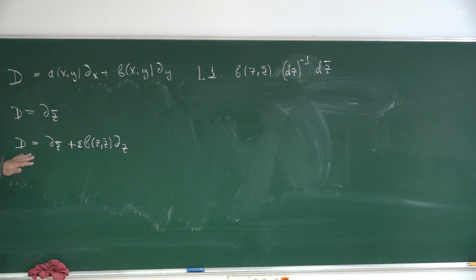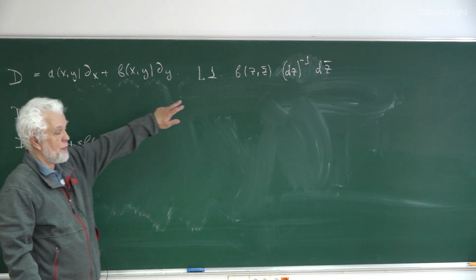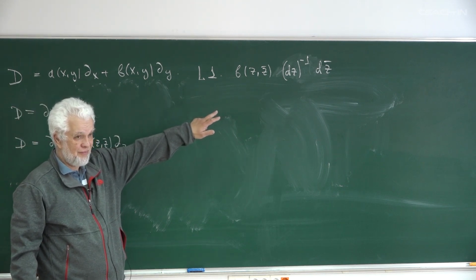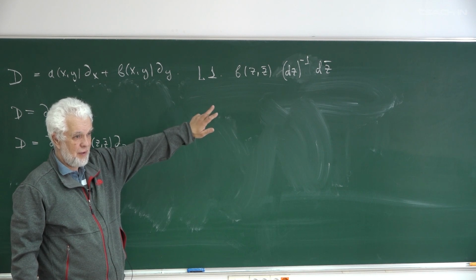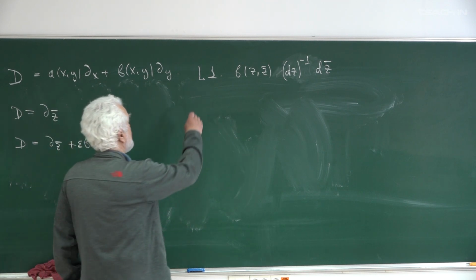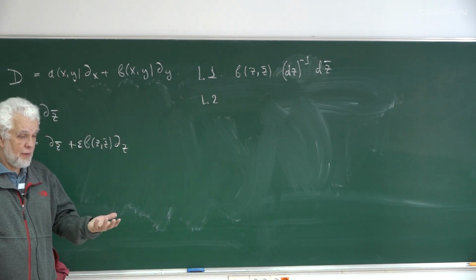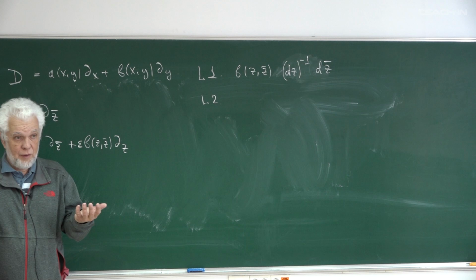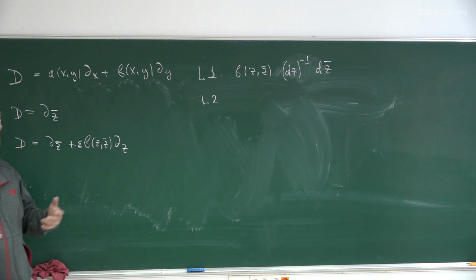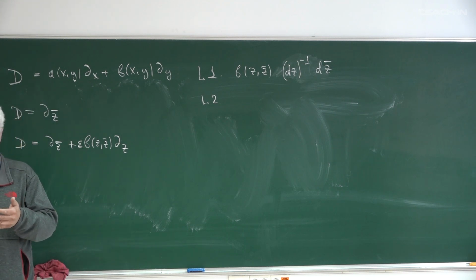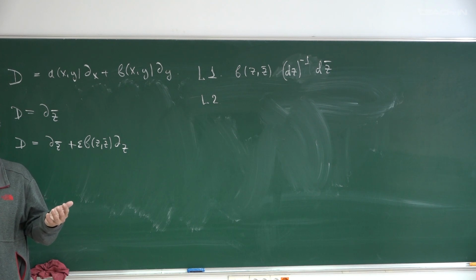First of all, we checked what happens if we change coordinates, make a holomorphic change of coordinates. Then B has the following transformation law. Lemma 2. Of course, assume that we add this term. But of course, we have a group of changes of coordinates.